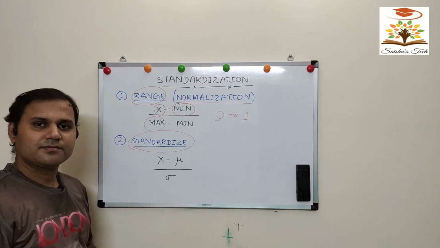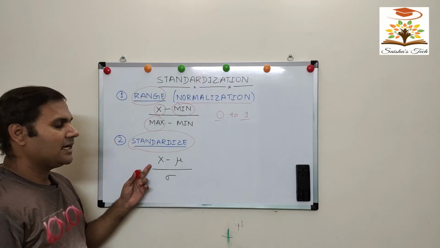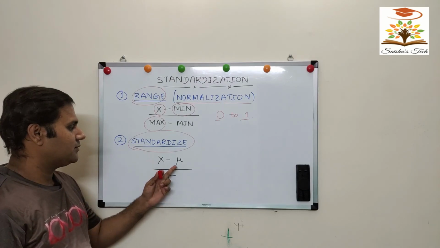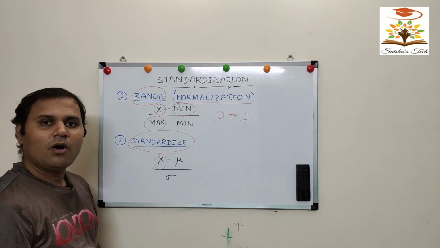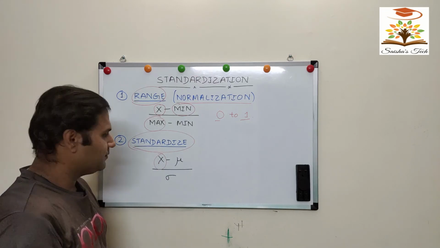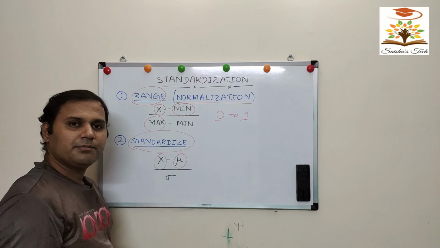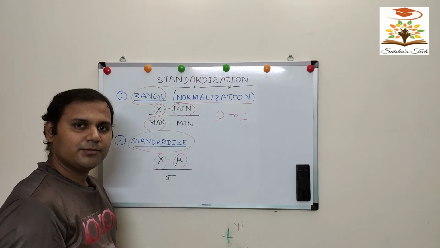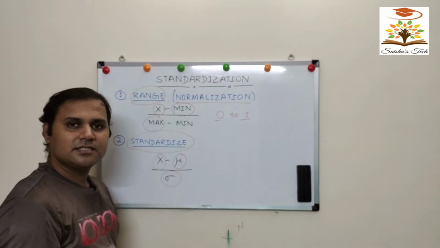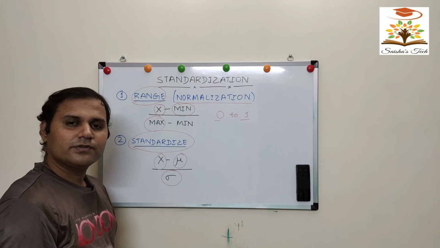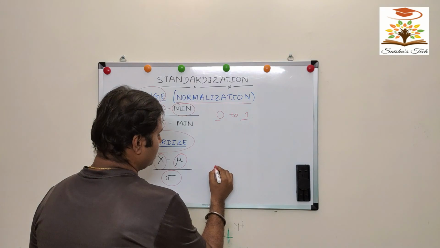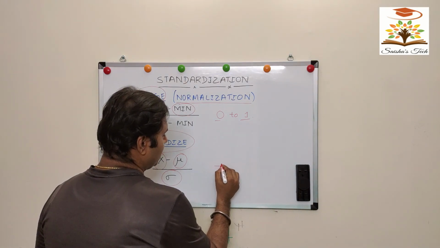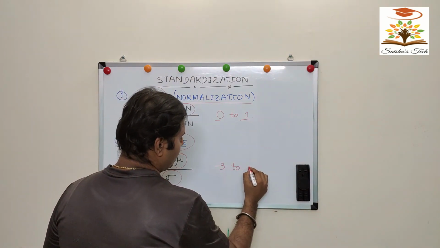Similarly, standardize. Here, we utilize a formula called x minus mu divided by sigma. Here, x represents all the values in the numeric attribute, mu represents the mean value of the numeric attribute, and sigma represents the standard deviation of the numeric attribute. Here, all the values of standardized attribute range from -3 to +3.